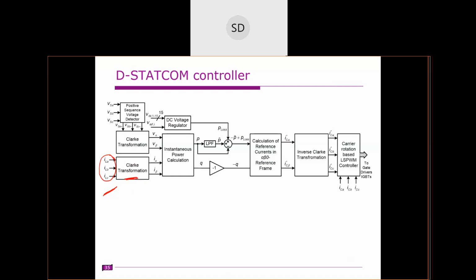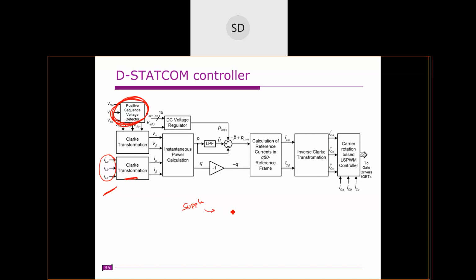Here there is also a small modification. This is a positive sequence voltage detector, which is sometimes required. For example, we all assumed that the supply voltages are balanced and sinusoidal. Sometimes the supply voltages are not balanced, and some harmonics are present in the supply voltages.